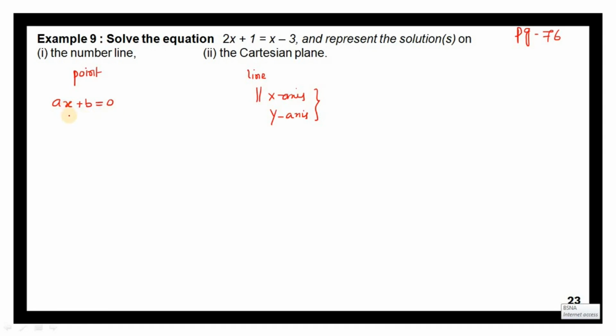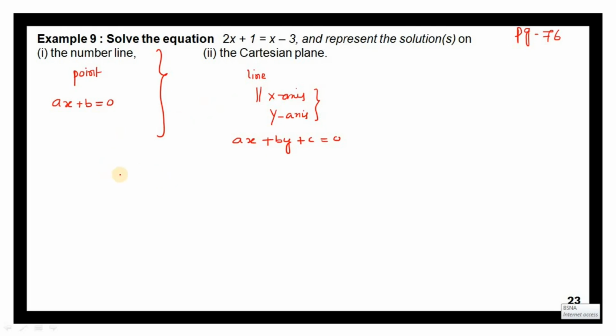Here only one variable we have. And when we are representing a line, we are representing a linear equation in two variables. So that is the difference between solving on a number line and solving in a Cartesian plane.